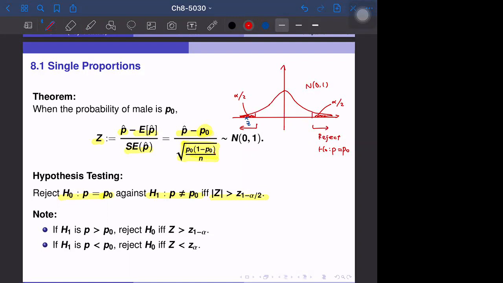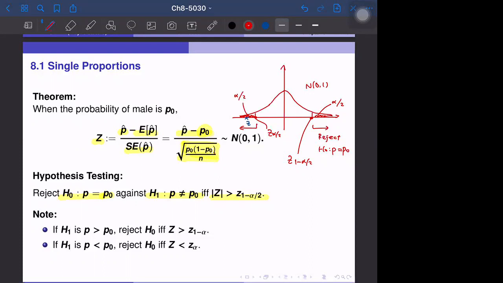If the absolute value of z is larger than this value, defined as z sub alpha over 2, and this value is z sub 1 minus alpha over 2, then we reject the null hypothesis.